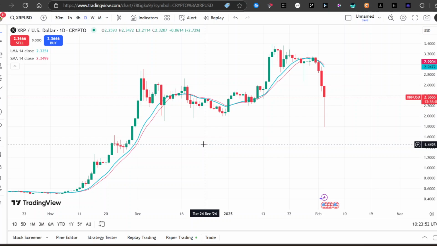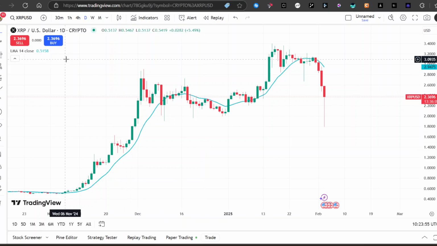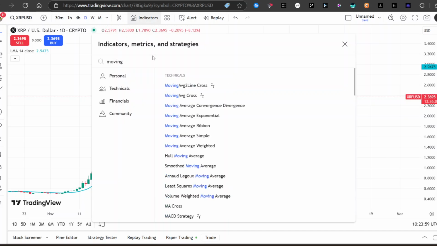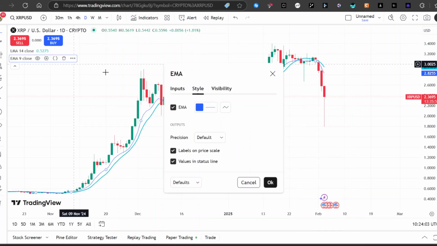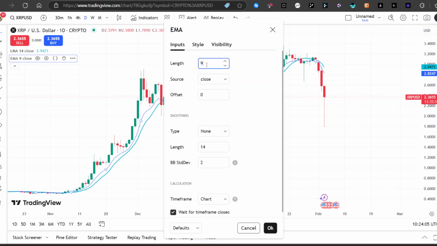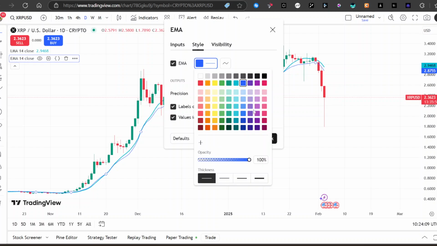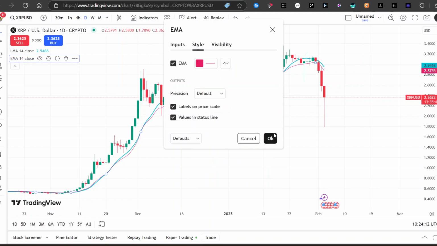Okay, now in the case of the EMA, let's just add the EMA now. The exponential moving average, I'm going to just change this to 14, so we're going to be having the same period.